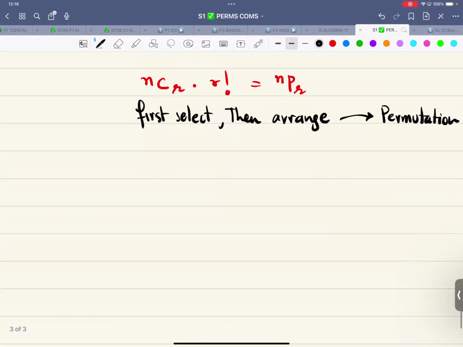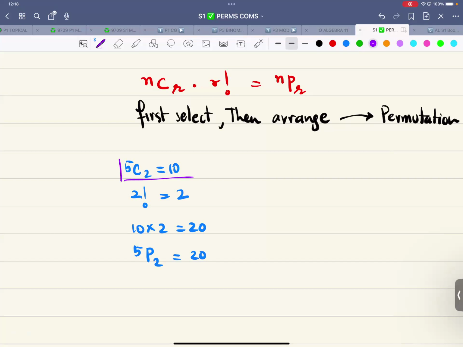For example, if I evaluate 5C2, which is 10, and multiply by 2 factorial, which is 2, 10 into 2 is 20. That should be the answer of 5P2. Double check, so 5P2 should be 20. So I took 5C2 and multiplied by 2 factorial, that is 10 into 2. Therefore, these two multiplied together give me 5P2. That's another important thing.